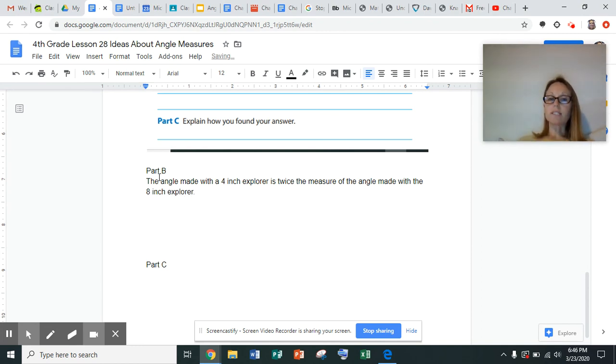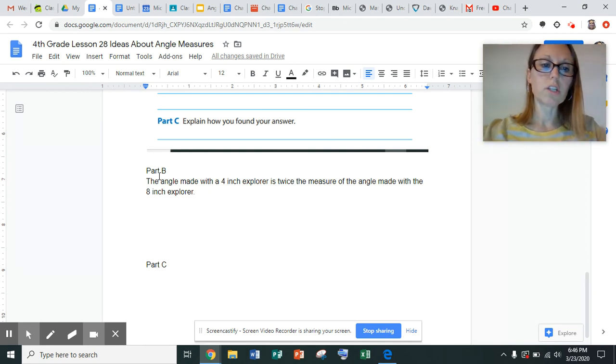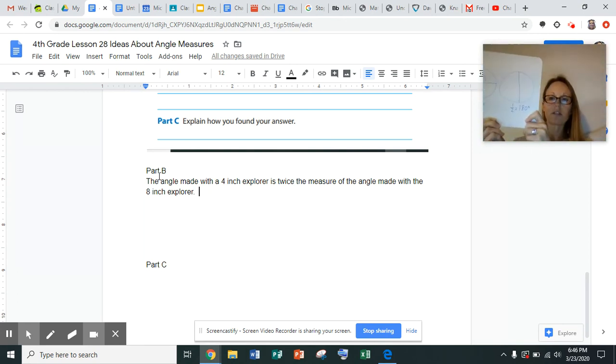Now remember, it has nothing to do with the length of the ray. It has nothing to do with the 4-inch and the 8-inch. It has everything to do with the fact that 90 degrees is 1/4, and when you double 1/4, you get 1/2.